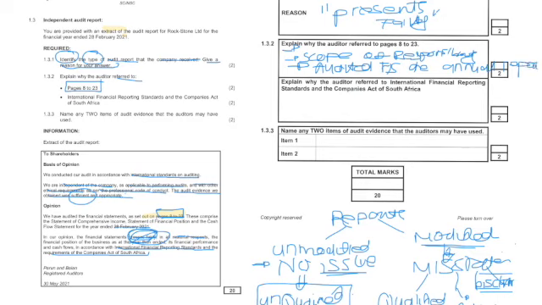Then we have to explain why the auditor referred to the International Financial Reporting Standards and the Companies Act of South Africa. Right. So that is over here. Cool. So the reason why the auditor would include this is to explain basically on what basis they're saying it presents fairly, like what are they comparing it to. So they're saying it presents fairly, but based on what, right?